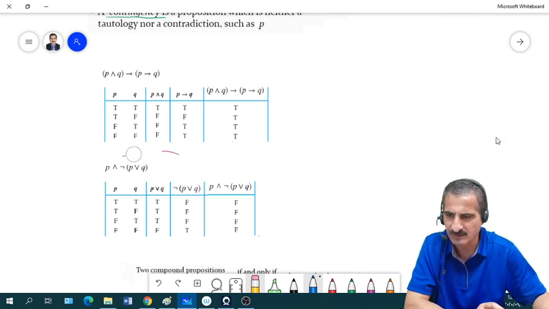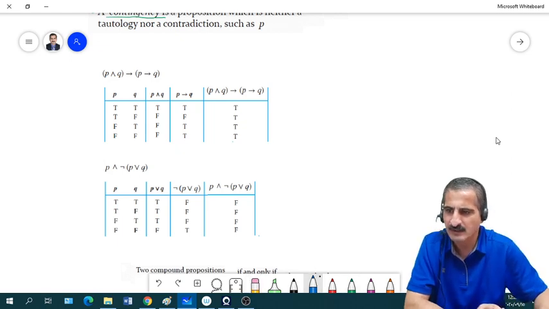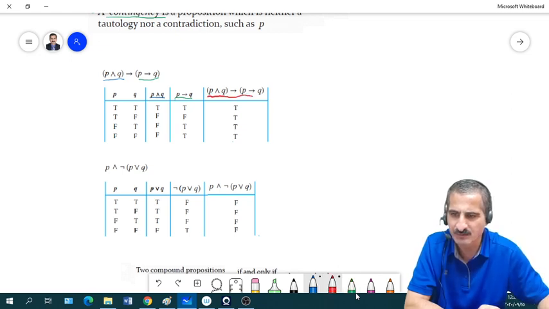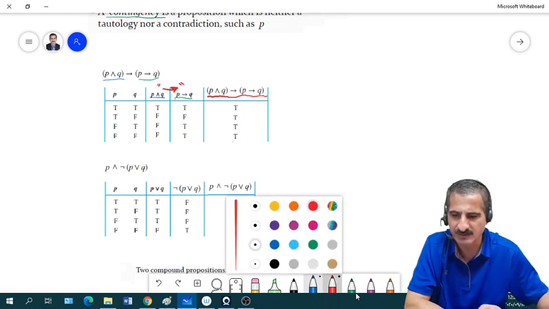Now let me take this first. Let us see this compound proposition: P and Q, if P then Q. We know the truth values of P and Q. Now to obtain the truth values of this compound proposition, we will go from this to this, using the conditional statement.